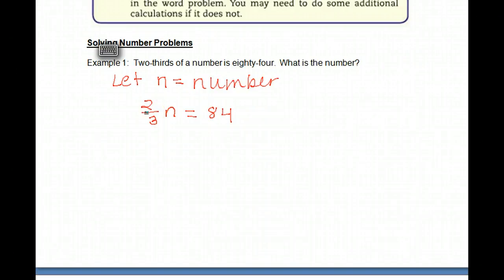To undo the multiplication of a fraction, the easiest way to get rid of that multiplication is to multiply by the fraction's reciprocal. So we're going to multiply both sides by 3/2. When we do so, that's going to cross cancel everything on the left hand side. And on the right hand side, we will find that n equals 126.